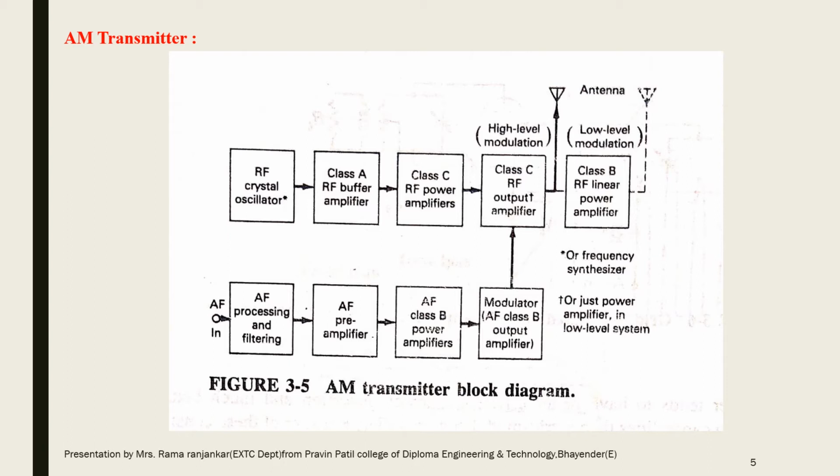For high level modulation, these blocks are in focus: RF crystal oscillator, class C buffer amplifier, class C power amplifier, class C RF output amplifier, and modulator circuit. The class B amplifier is not used in high level modulation. In this way we increase the power level or efficiency of modulation.